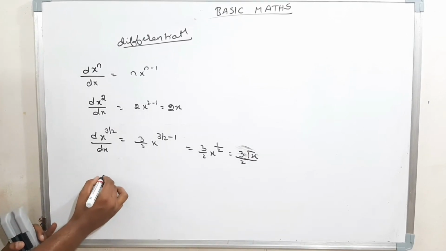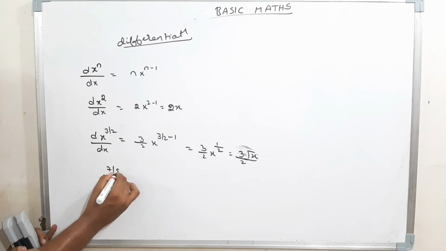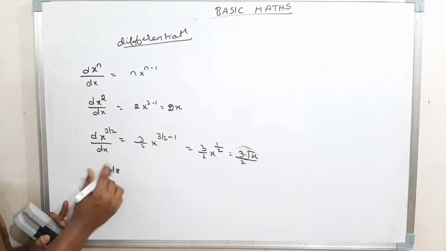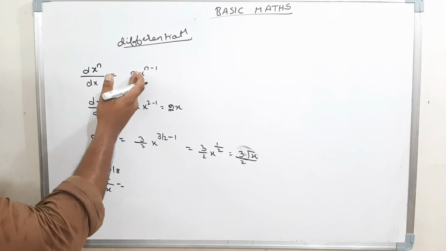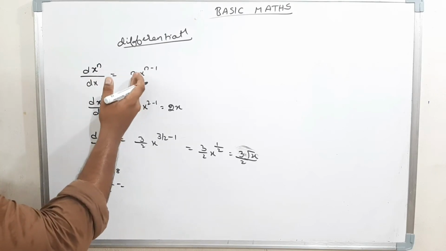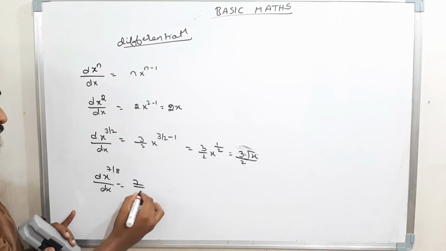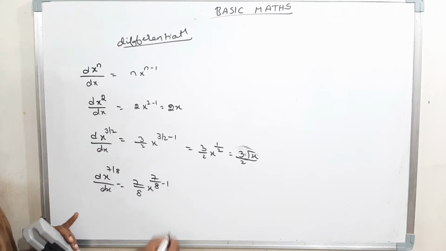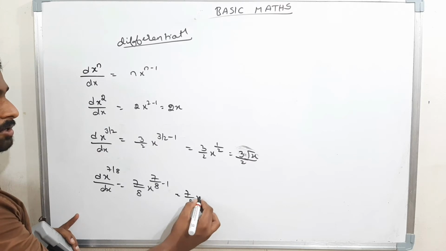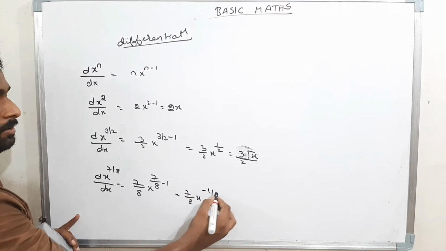One more example: differentiation of x power 7 by 8. Same formula: n x power n minus 1. 7 by 8 x power 7 by 8 minus 1, which is 7 by 8 x power minus 1 by 8. This is the answer.